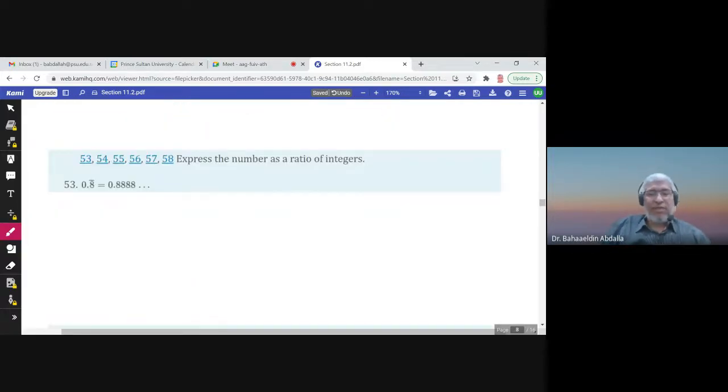Some other examples about the same idea. So immediately I will write this as 0.8, the first 8, plus 0.08, this is the second 8, and the third 8 is like this, and the fourth 8 is like this, and so on. So this is a geometric series with a equals 0.8 and r equals 0.1. If you divide 0.08 by 0.8, you get 0.1.